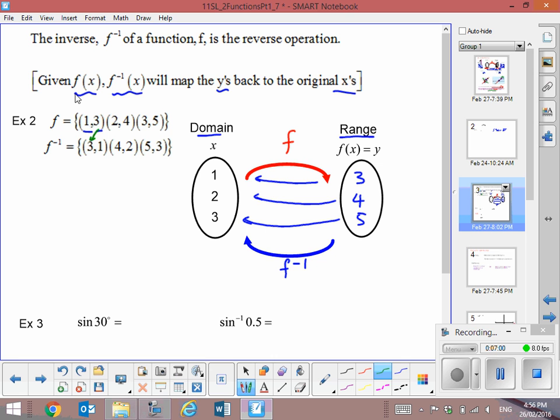So this is our domain now, and this is our range for the inverse function. All right, so an inverse function is simply undoing what the function did. It takes us back to the beginning as if nothing's changed.